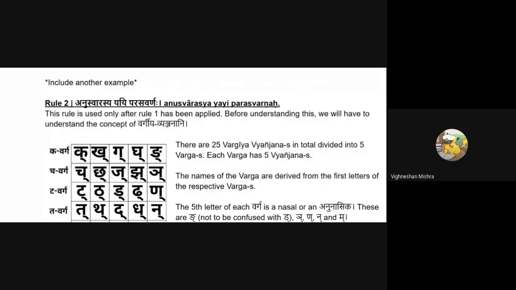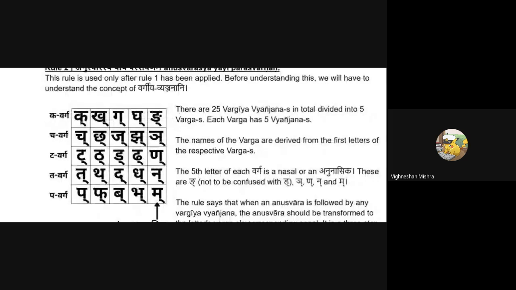Before understanding this, we will have to understand the concept of Vargiya Vyanjanani, the row and column wise matrix arrangement of the consonants as we do in Hindi, or Sanskrit. Although this is more a feature of Hindi that more people would be familiar with. So, how many of you have actually seen this?